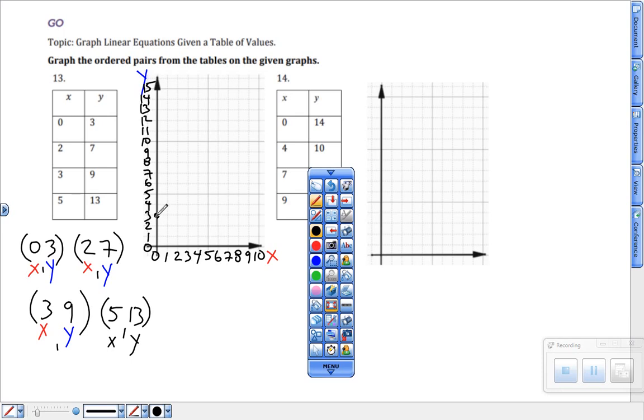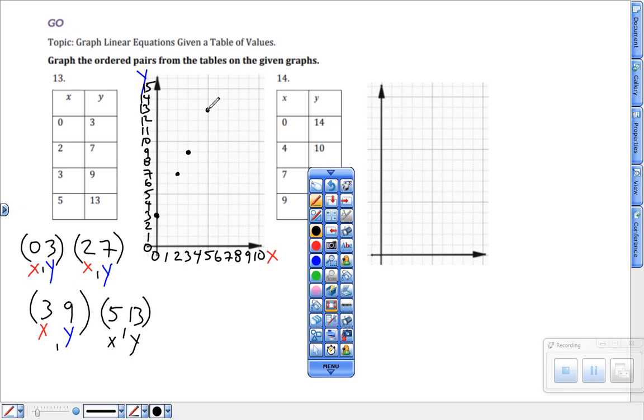If I do 2, 7, right 2, and then up 7, 1, 2, 3, 4, 5, 6, 7, that is the coordinate 2 for x, 7 for y. If I plot 3, 9, go over 3 on the x-axis, and then go up to 9 on the y-axis, and then 5, 13, right 5, up 13.